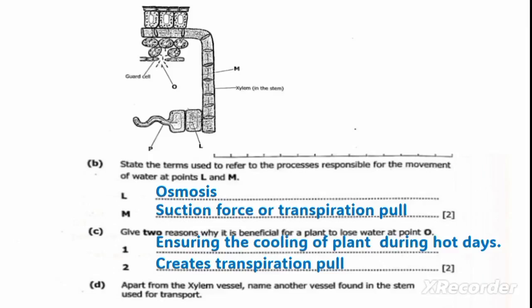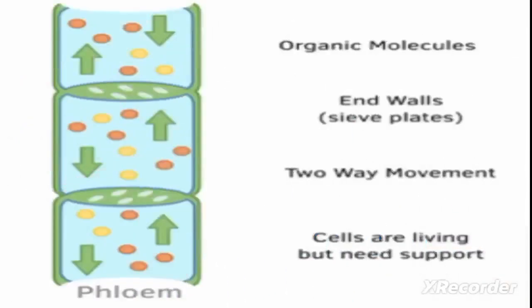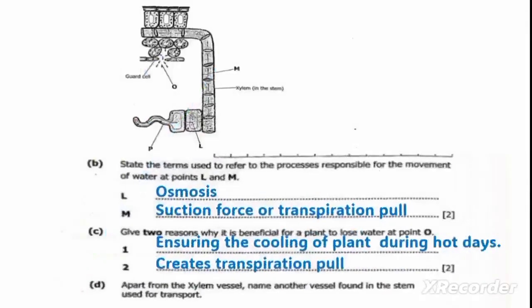The next question, which is question D. Apart from the xylem vessel, name another vessel found in the stem used for transport. So another vessel used for transport is the phloem vessel.